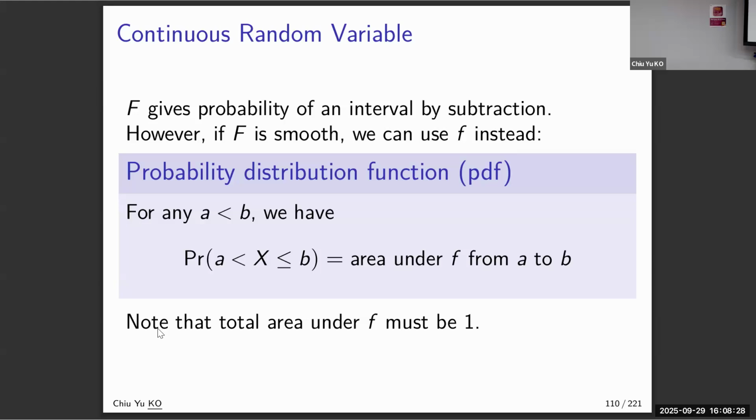What's that? If you learn physics, there's a mass, and if you add up the density, you get the mass. You differentiate the mass, you get density. That's why they call it the probability distribution function or probability density function, sometimes. And what's that?